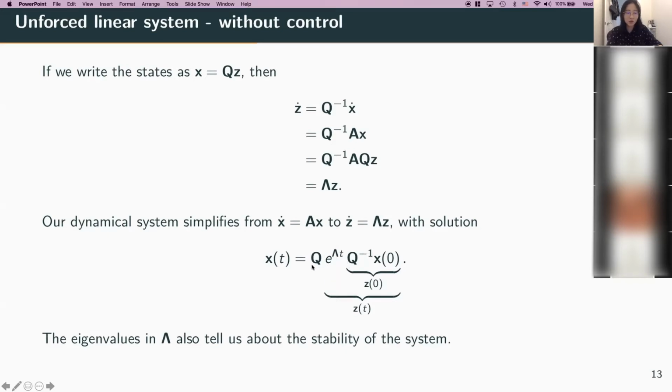And then finally, we use the Q to project it back to the original coordinates. So the eigen decomposition is very important here.